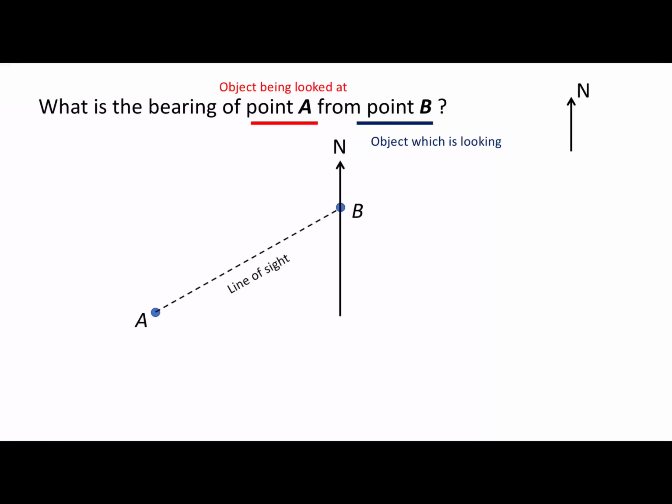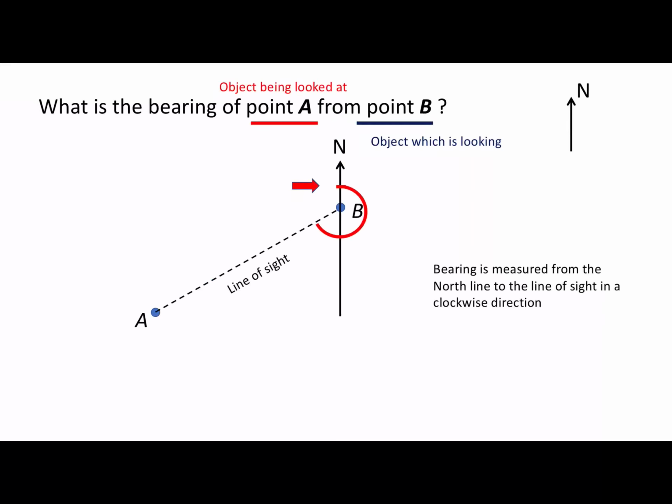At which point on the north line do you start drawing from? Like mentioned in the previous slide, you draw above point B, somewhere here, and then you go clockwise. That is the bearing.